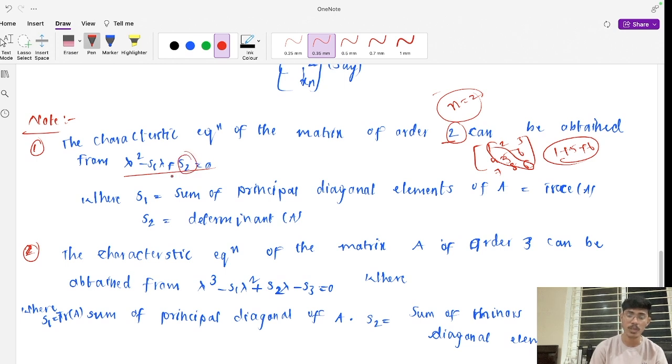Next, S2 means the determinant of A. We find the determinant and substitute the S1 and S2 values in this characteristic equation. Then we find the lambda 1 and lambda 2 values. Because of order 2, 2 values come from this equation as eigenvalues.